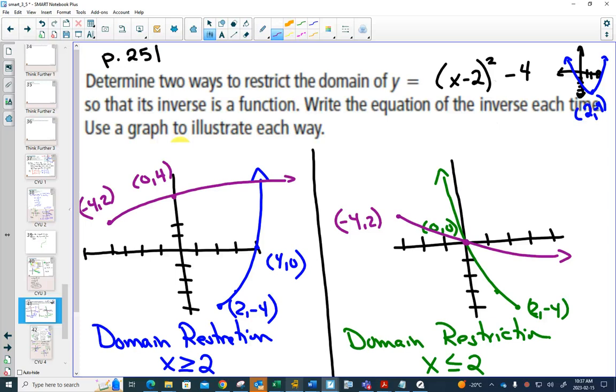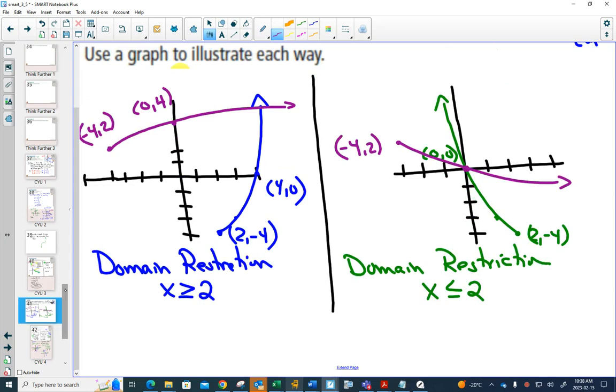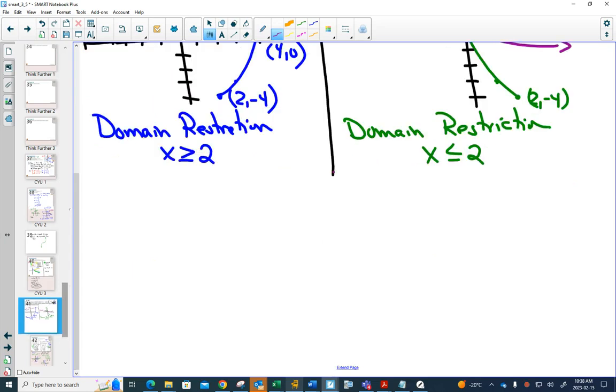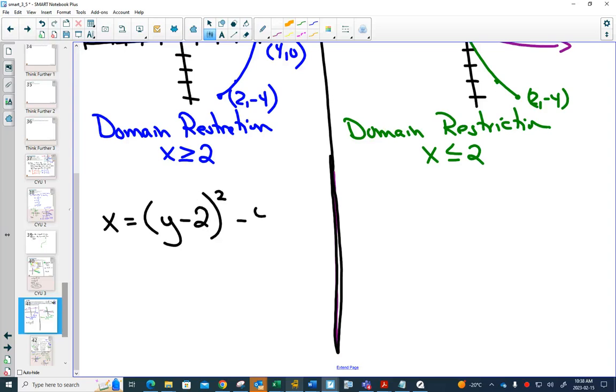Now I've used the graph to illustrate both ways. The last thing I need to do is write the equation of the inverse for both of them. Okay? How do we find an equation of their inverse? We are going to switch x and y and solve for y. So if I switch x and y, I'm going to have x equals bracket y minus 2 squared minus 4.